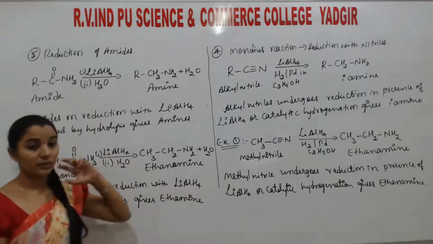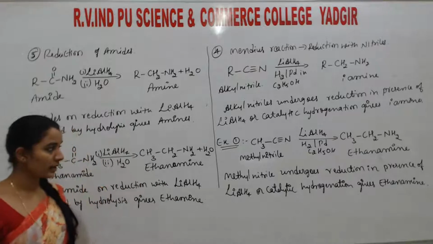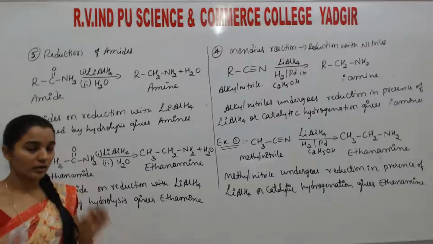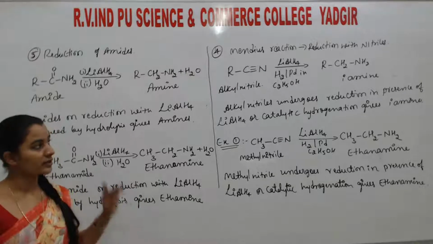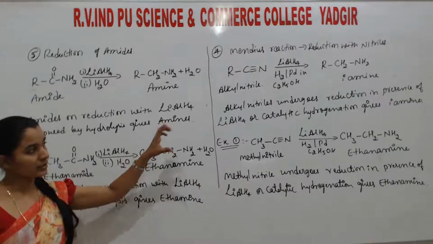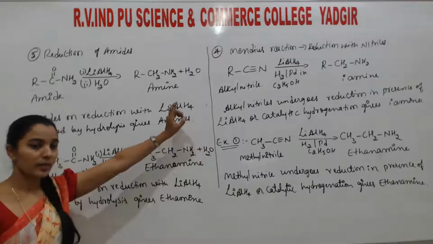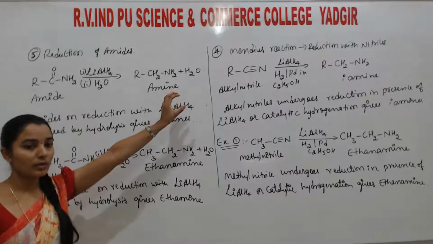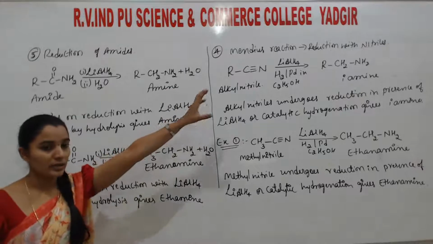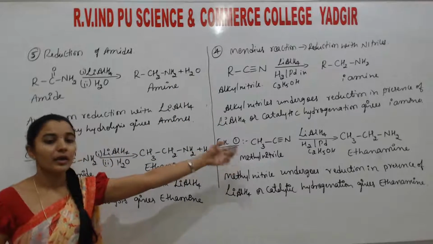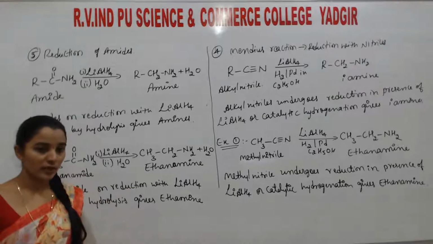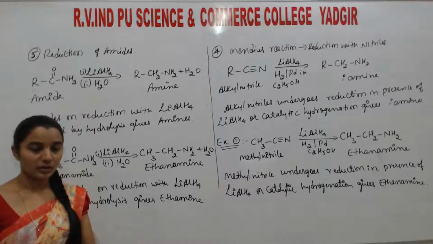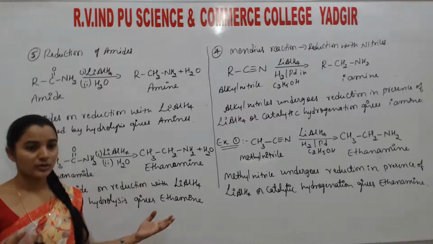Whether it may be an aldehyde, ketone, carboxylic acid reaction, haloalkane, haloarene reaction, alcohols, phenols, ethers reaction, any general reaction, the explanation remains the same. You only have to replace the name of the reagent and the product by replacing the respective group. It may be CH3, it may be C2H5, it may be a benzene ring, it may be an alkyl substituted benzene ring.